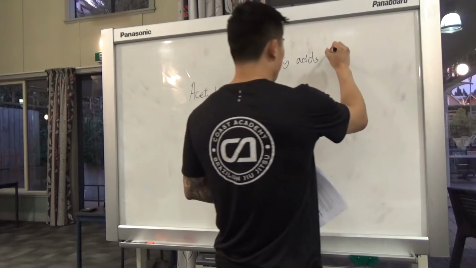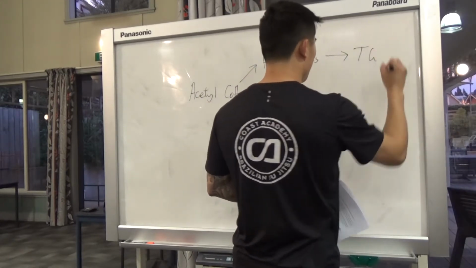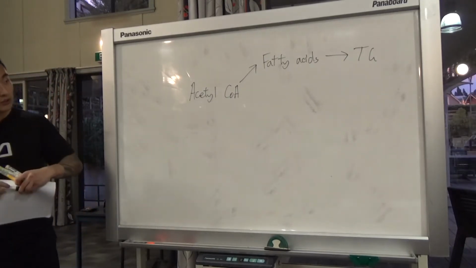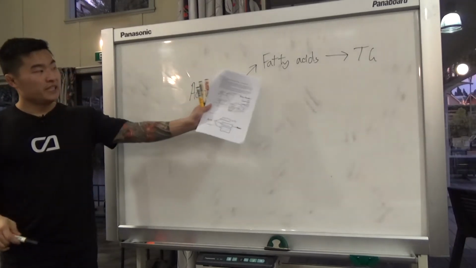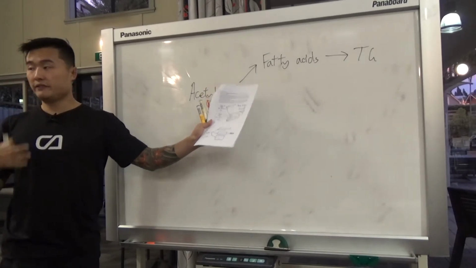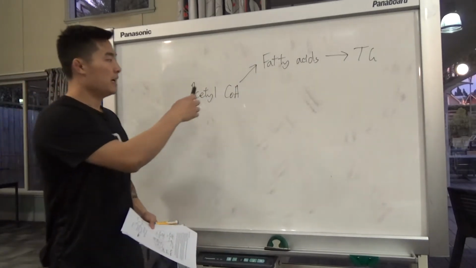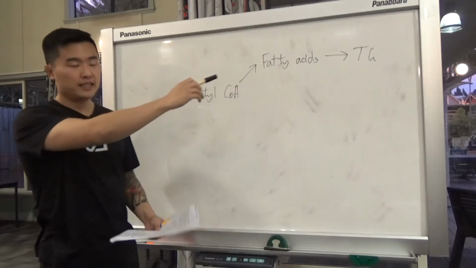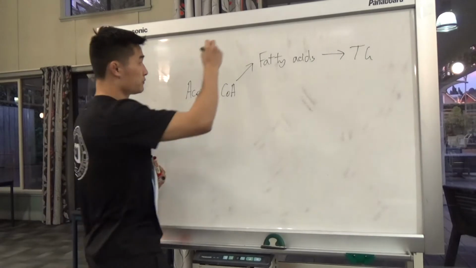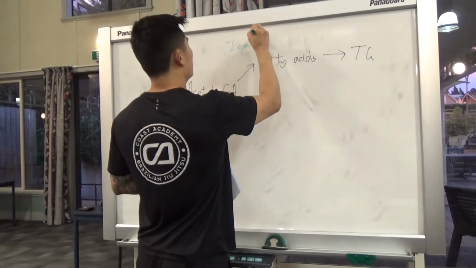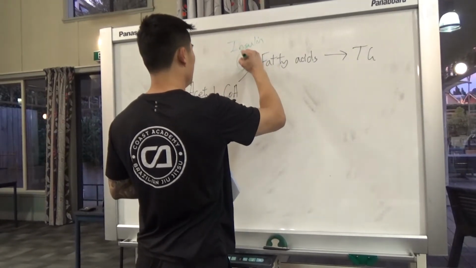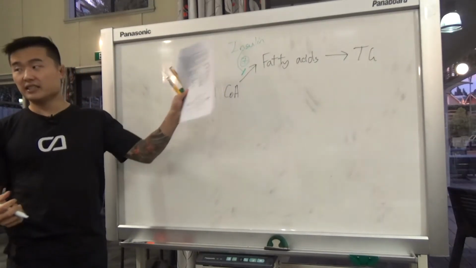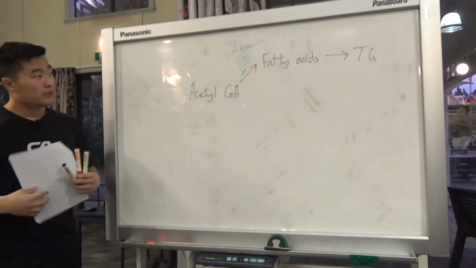Right, and the fatty acids can then be combined with glycerol to turn into triglyceride. So when we have a lot of energy, when we've just eaten, then we're going to want to go and create fats. Okay, so if you have lots of insulin, that's going to stimulate this pathway.